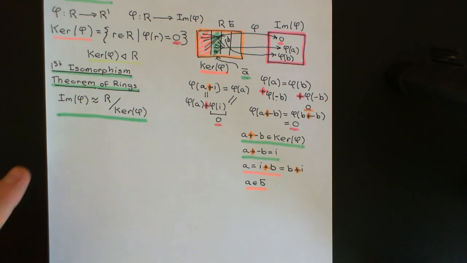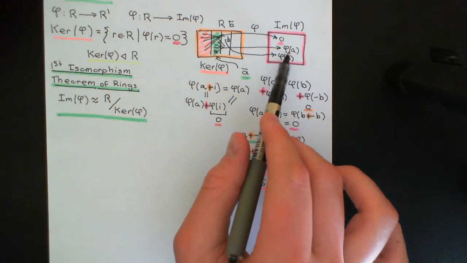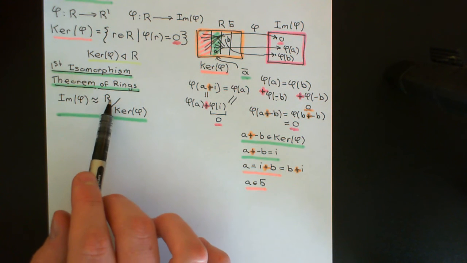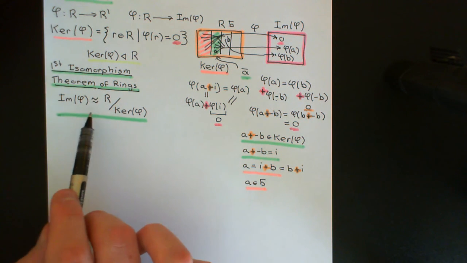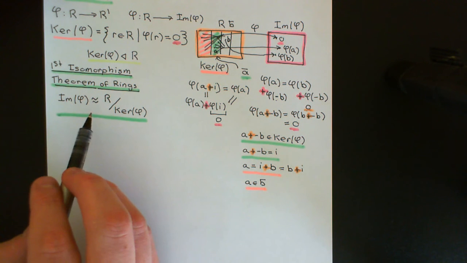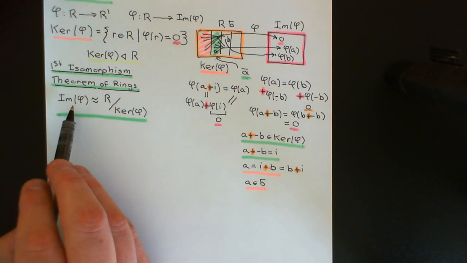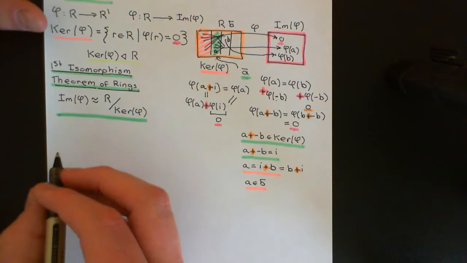So the way that I'm going to find an isomorphism: remember, to show that the image of the homomorphism is isomorphic to this quotient ring of R by the kernel of the homomorphism, what I have to do is find an isomorphism between the two, a mapping that will relabel the elements of one with the elements of the other, and which preserves addition and multiplication.